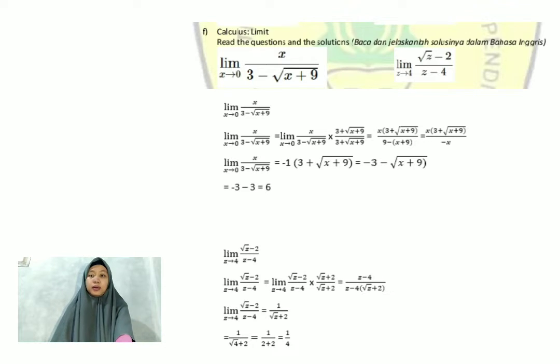In this, we replace x with 0, so it equals minus 3 minus 3, which equals minus 6.